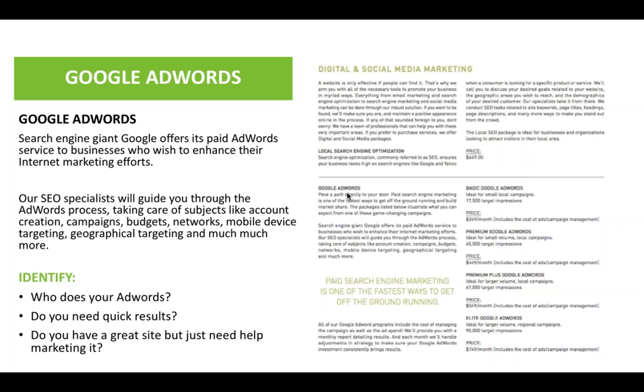So when we look at what budget you have and who you're trying to reach and what industry you're in, and what kind of targeting you want to do, then we can come up with a campaign that makes sense for that.